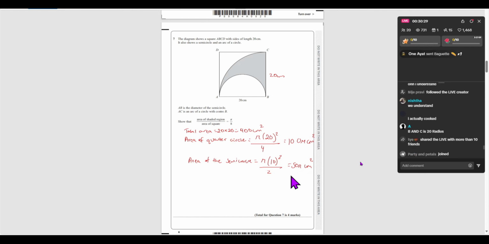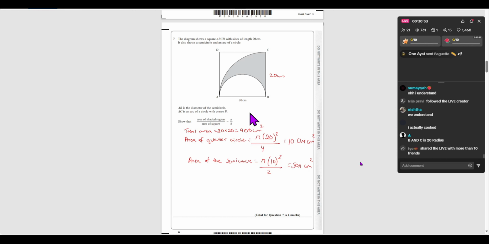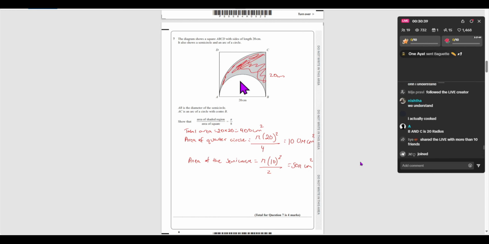Now, once we have done that, this shaded area, as you can see, is going to be the quarter circle subtract the semicircle.